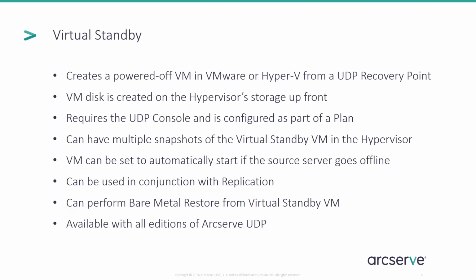What we can do is perform a bare metal restore and use the virtual standby VM as the source. So we're not restricted to restoring the older backup that was run. The VM is running, we can use that as the source to do our recovery onto the original source machine.